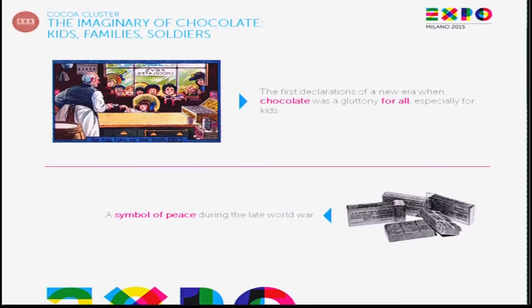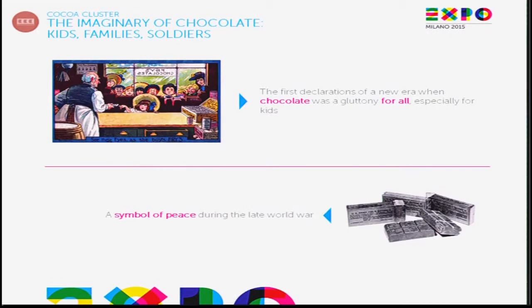And you know, when Cadbury decided to put its brand on the chocolate box, starting a new wave of industrialization of chocolate. In some way, we have the first declaration of a new era where chocolate is a gluttony for all.